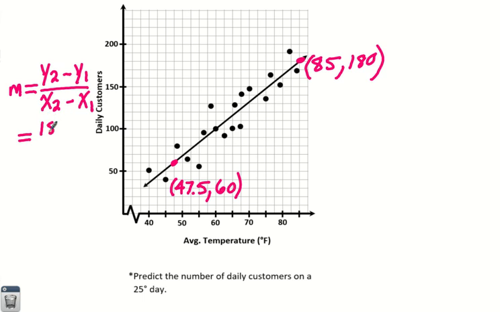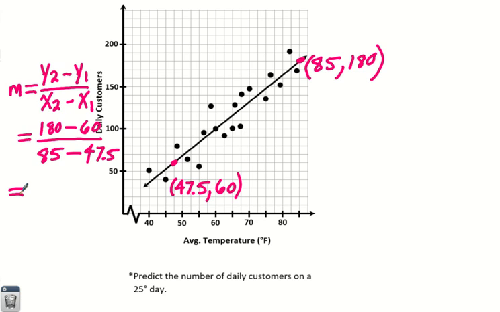So I'm going to do 180 minus 60. Okay? 180 minus 60. Is that right? And I'm going to do 85 minus 47.5.